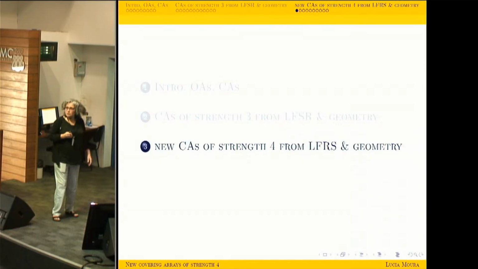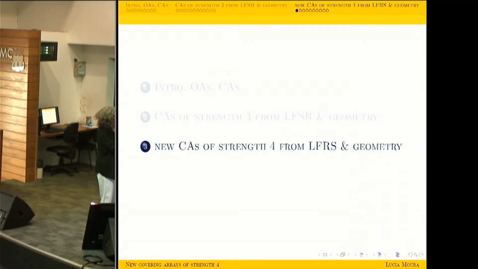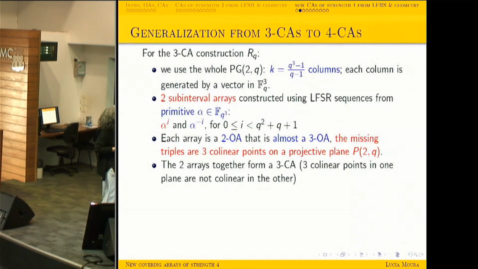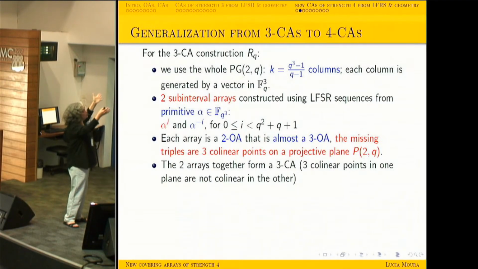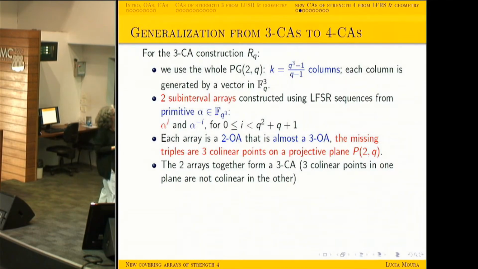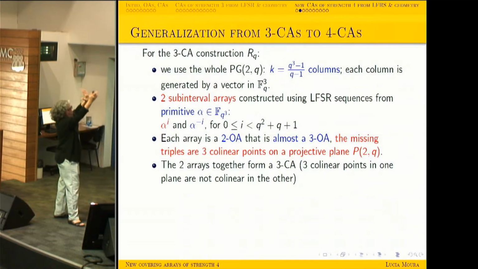Okay, so I have 6 minutes. Let's go back to what we have for strength 3. These are the points we have for 3. The columns of my array correspond to points of the projective plane PG(2,q). I have exactly (q^3 - 1)/(q - 1) columns.